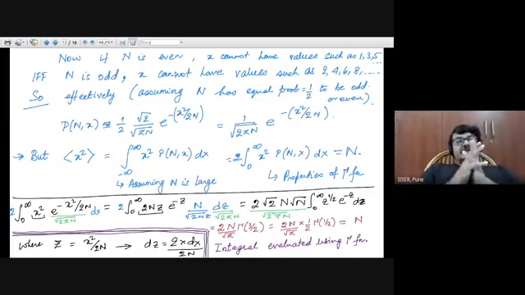So to have a particular value of x, you can either have an odd or an even number of steps, and the probability is half.